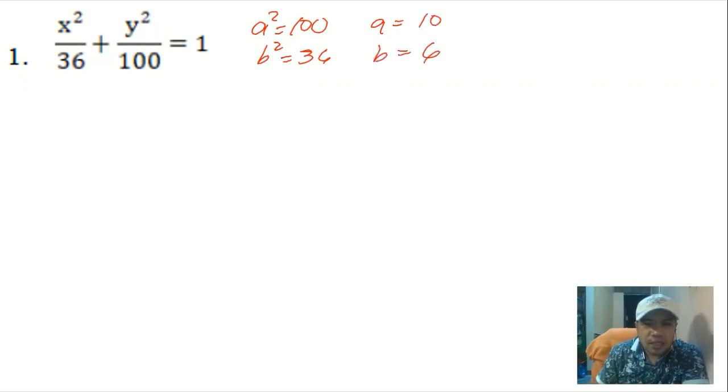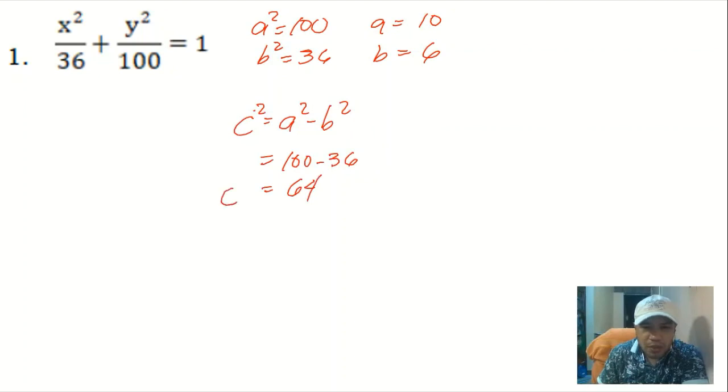Then, C squared is equal to A squared minus B squared. That gives us 100 minus 36 is 64. Square root of 64 is 8. So, C is 8. Tapos, nasa ilalim ni Y ang bigger number, and that gives us vertical. Vertical ang orientation.